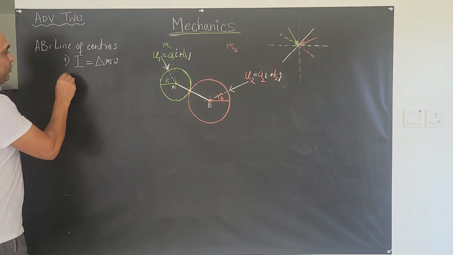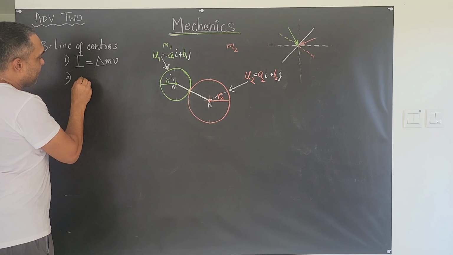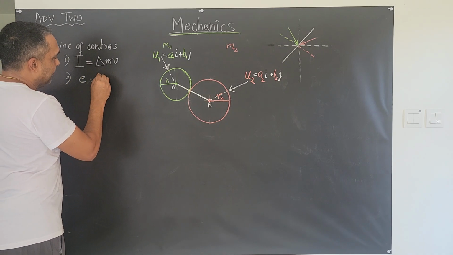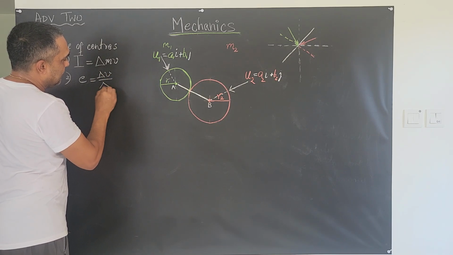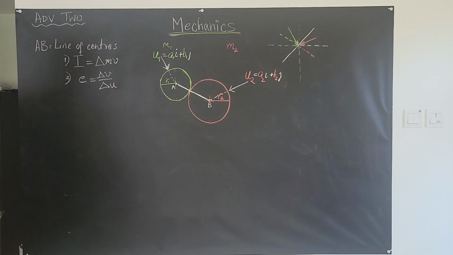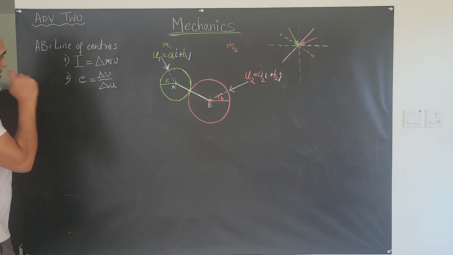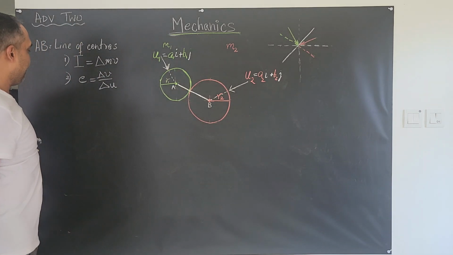So remember that too. What else? Restitution is applicable along the line of centers: the speed of separation divided by the speed of approach.